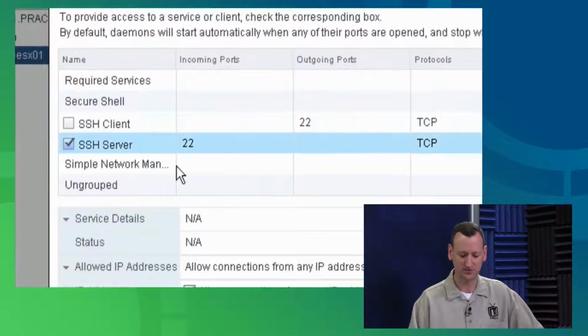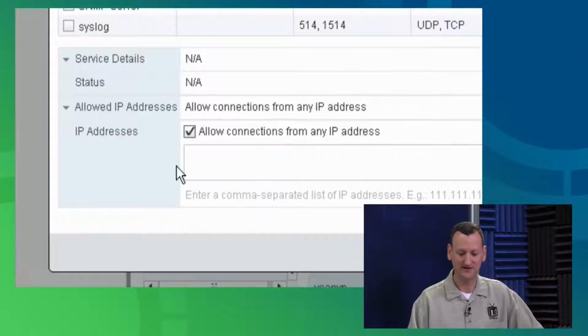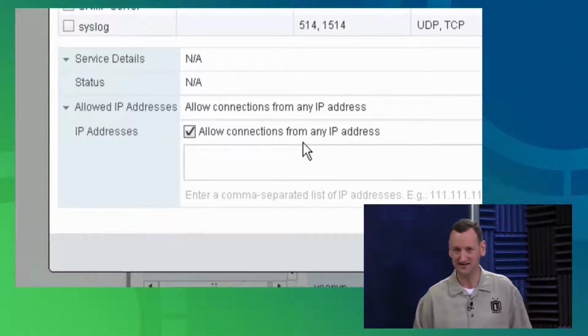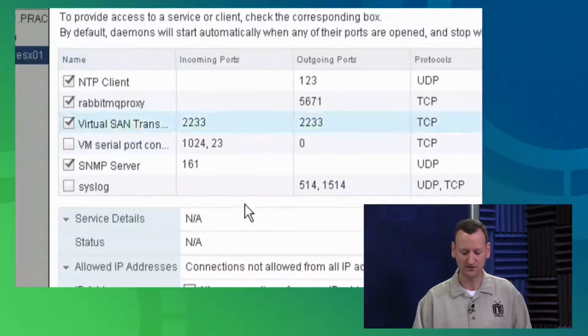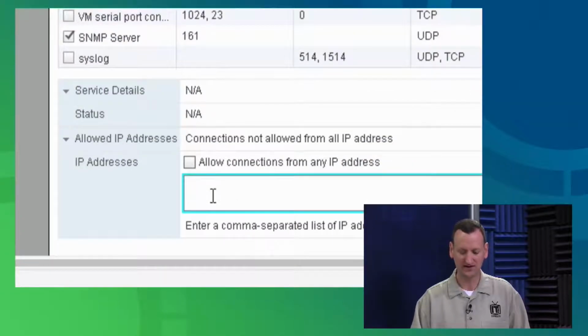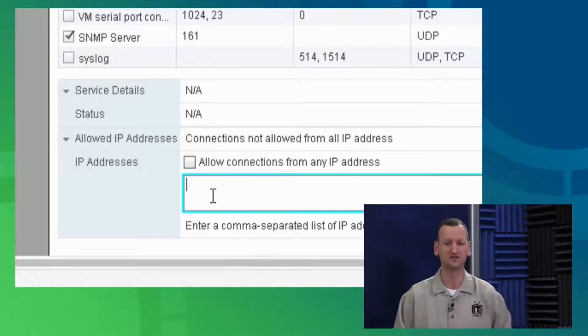It's TCP port 22 the way we expect it, and right down here I see allow connections from any IP address. It's wide open. Anybody can connect to this thing. So I might want to restrict that, and you can restrict it a few different ways. So when you uncheck that, you can then put in who's allowed to get to it. You might want to be really specific.